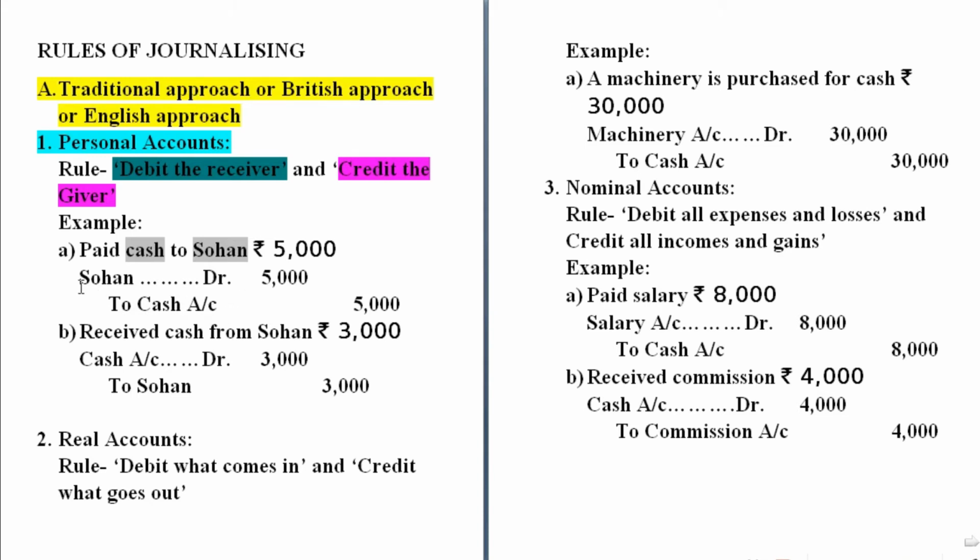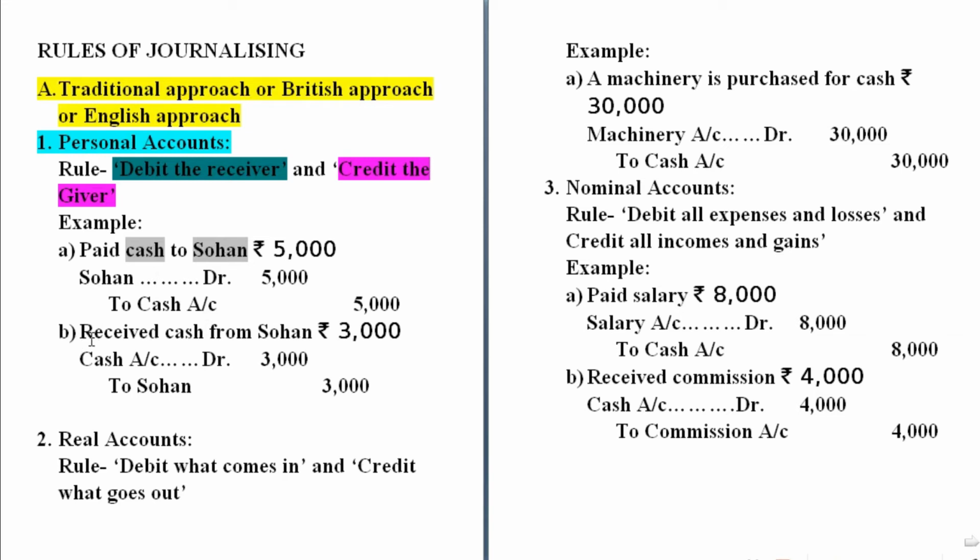So Sohan debit, because Sohan is a receiver, to cash. When we come to the second rule, we will understand why we are writing to cash, because cash is going out. For now just focus on one thing: we are debiting Sohan because Sohan is a receiver. Alternatively, cash will be credited because Sohan is debited.